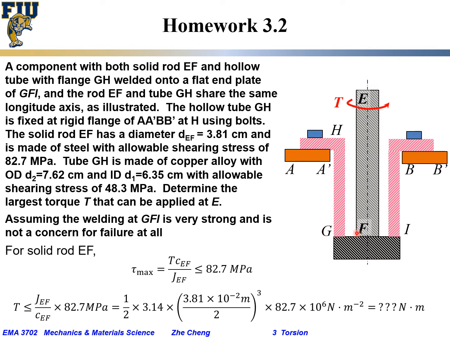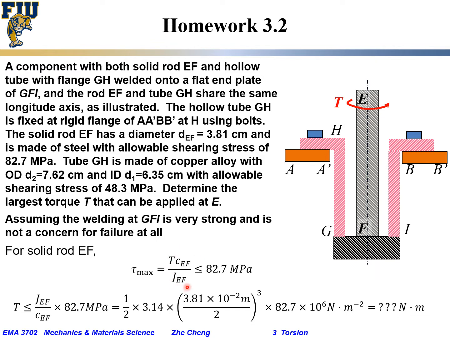For solid rod EF, you are applying a torque, and the maximum shearing stress tau max would be Tc over J. C would be the radius for the rod EF, and J would be the axial moment of inertia for this rod.